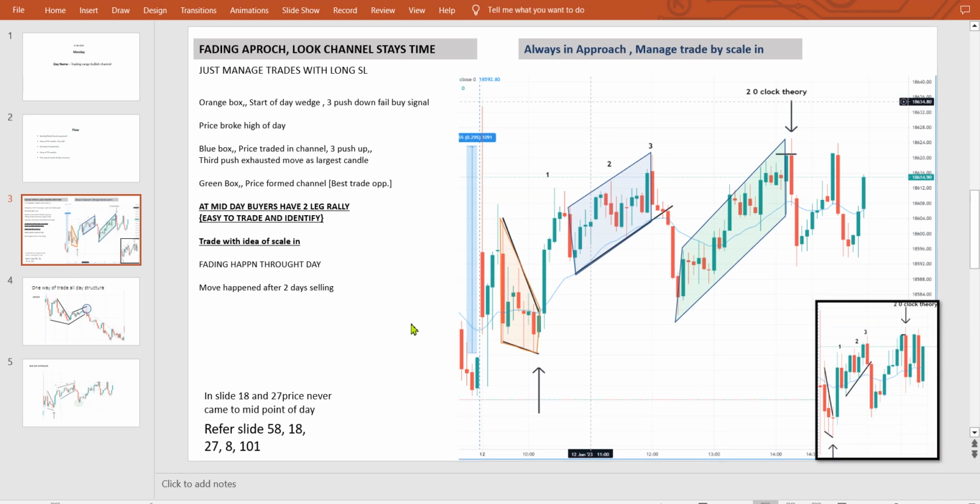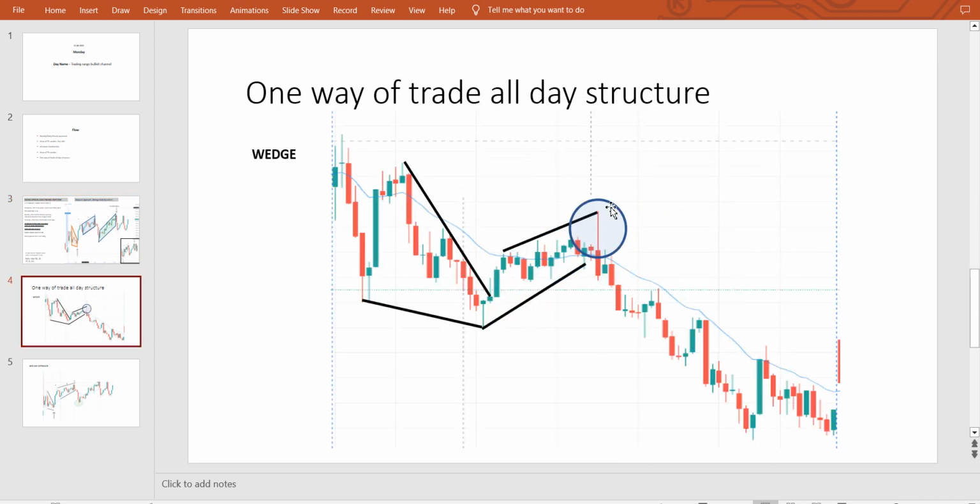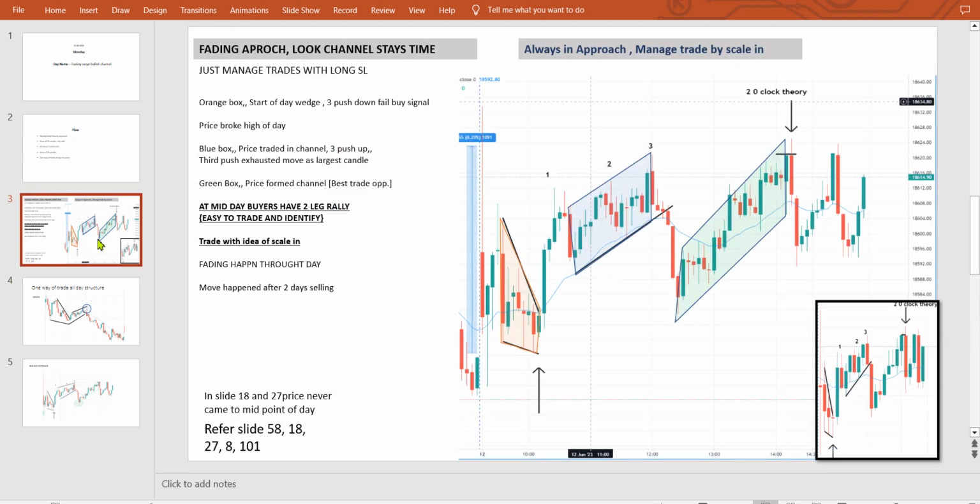So here what just happened is, from the midpoint price went higher. We will see that in cases, but this is the idea: consider a pullback to bring price to the midpoint of the day.